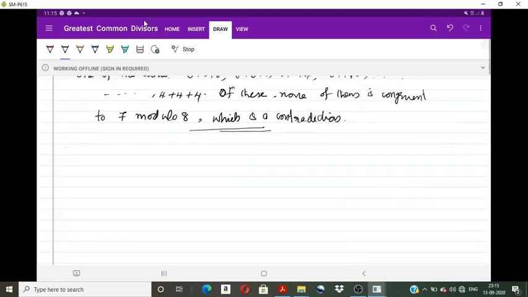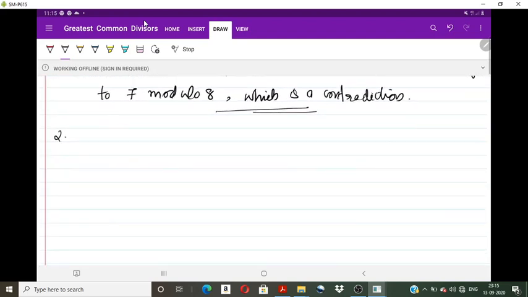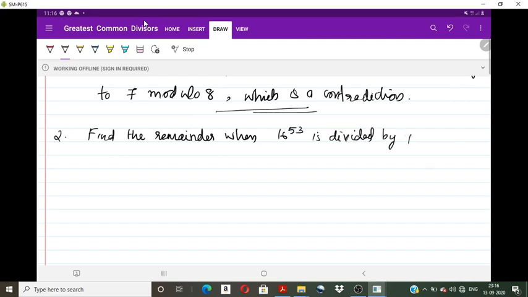Now we can move to the next problem. Find the remainder when 16 raised to 53 is divided by 7.